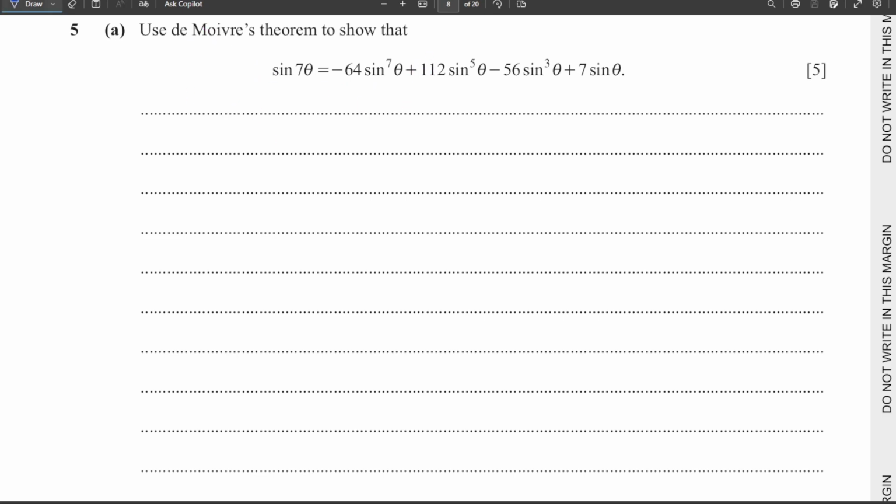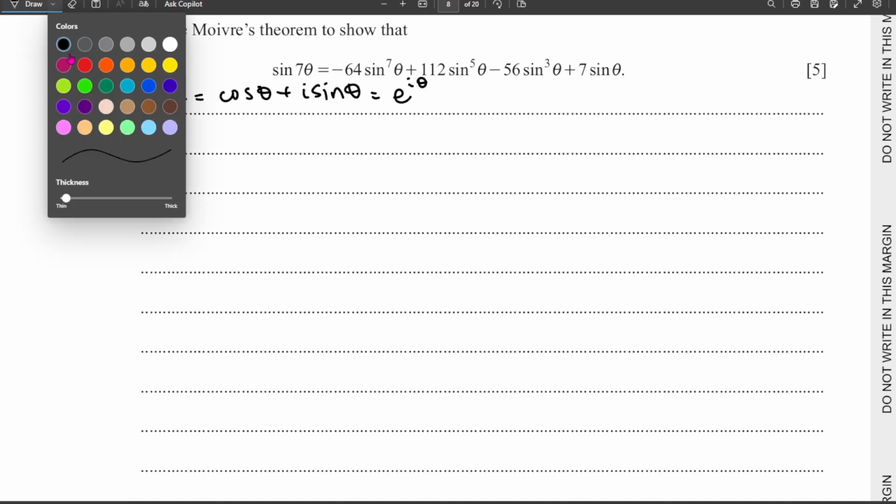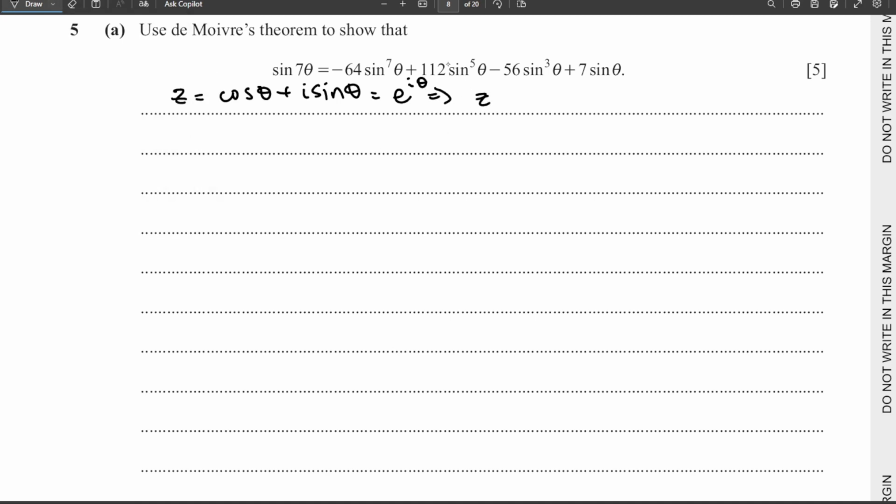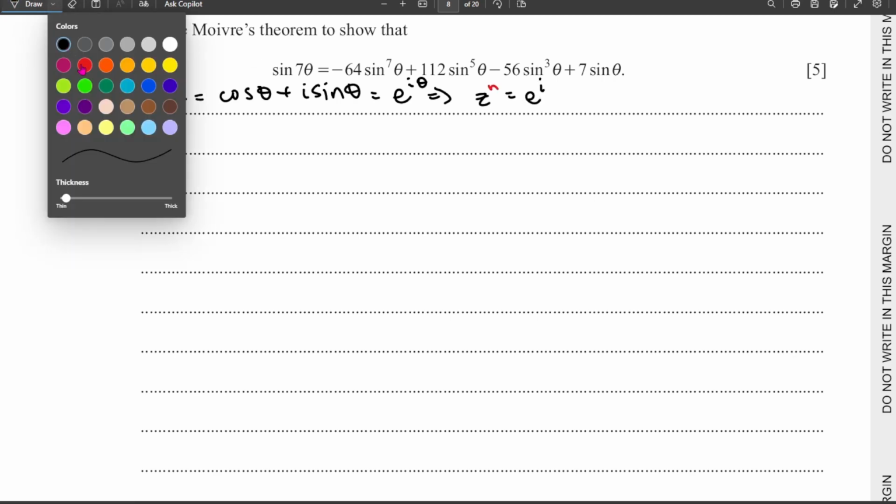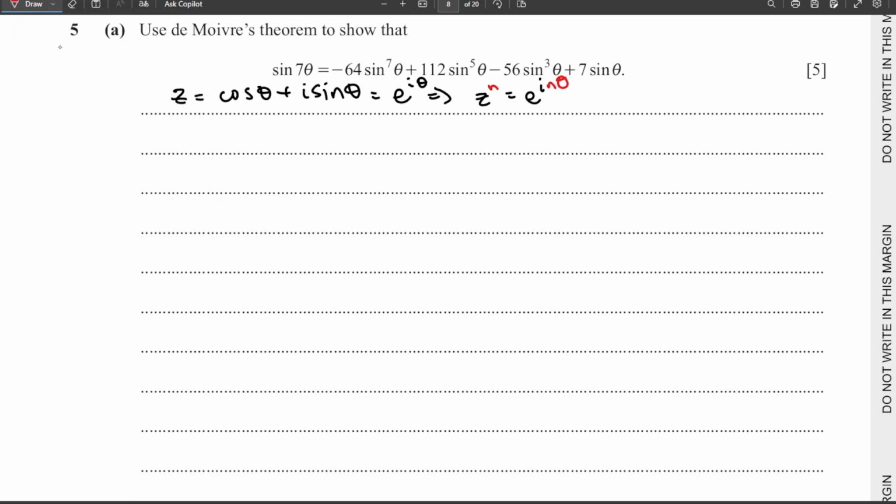So, De Moivre's theorem, a recap. Let's say we have an arbitrary complex number, cosine theta plus i sine theta. We can rewrite it in exponential form, for which if we raise this number to a power of n, this also multiplies into the index, by the indices rule.